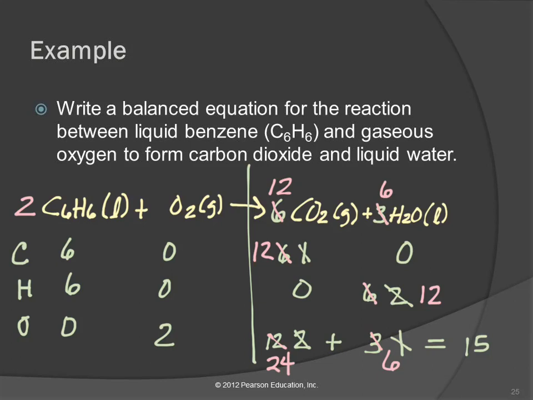And over here on the left, when I do 2 of these, then I've got 12 and 12. So now I've got 24 plus 6 is 30 oxygens, right? 30 oxygens, and over here they're coming in pairs, so I need 15 pairs. I need 15 of these to give me 30. And that's how the odd-even doubling everything works. Any questions?